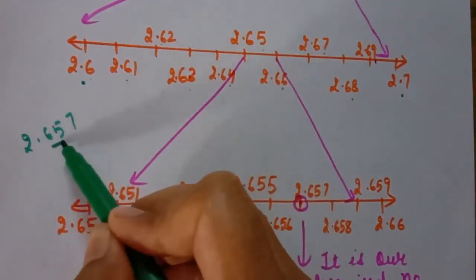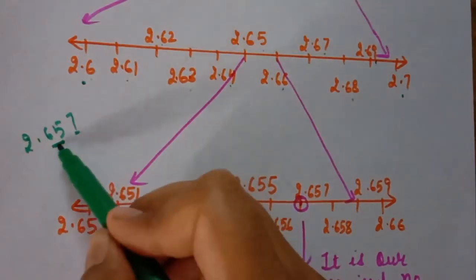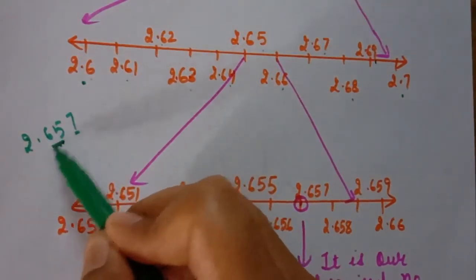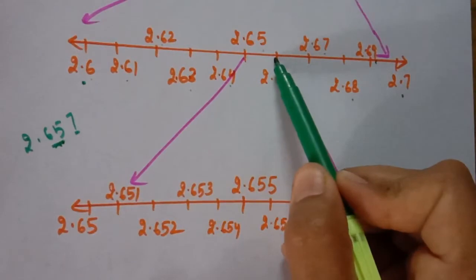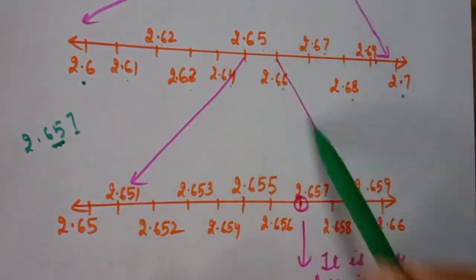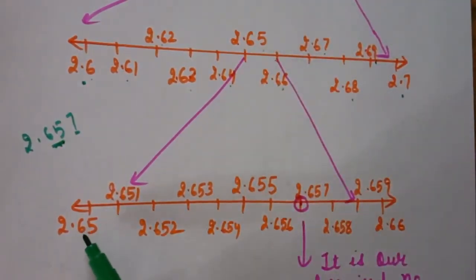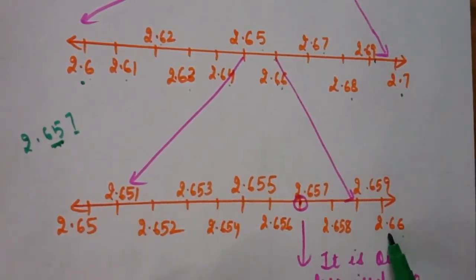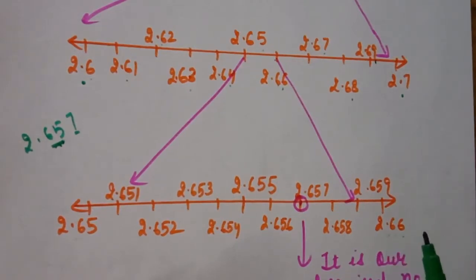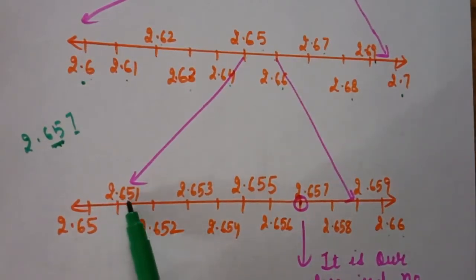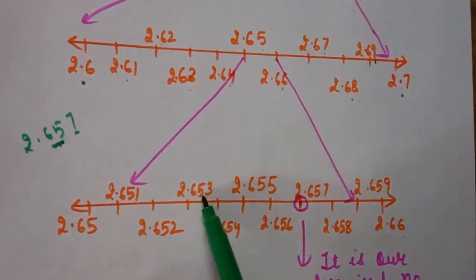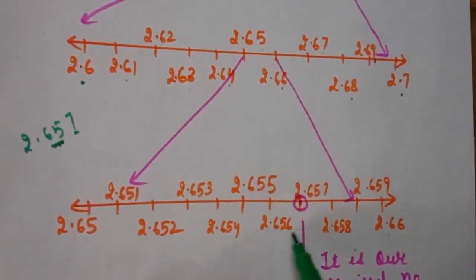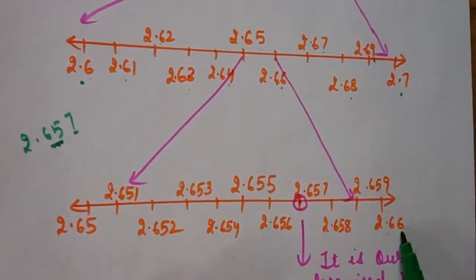Definitely 65 is complete and then 7, so it lies between 2.65 and 2.66. We will magnify this part and divide 2.65 and 2.66 into 10 equal parts, like 2.651, 2.652, 2.653, up to 2.659, and then at the end 2.66. Now this is our required number which we want.